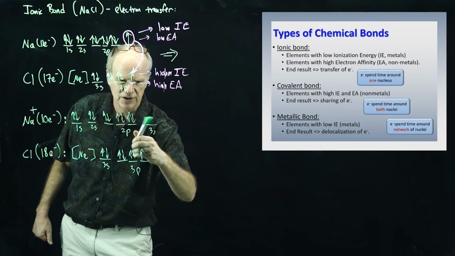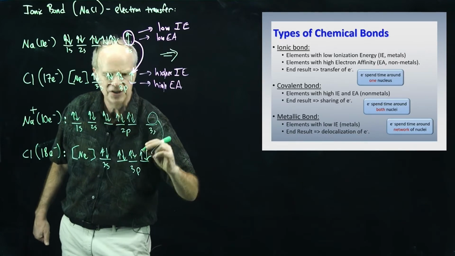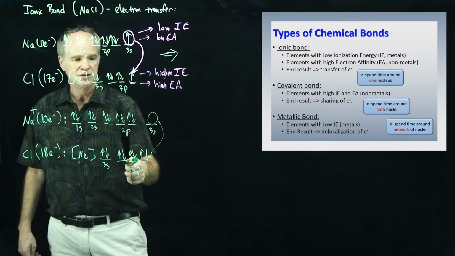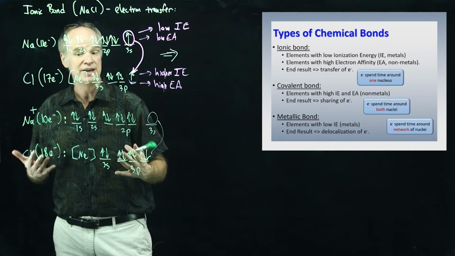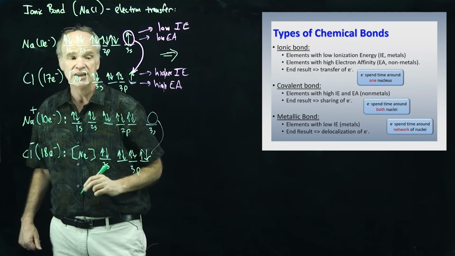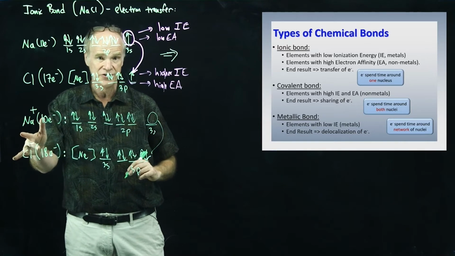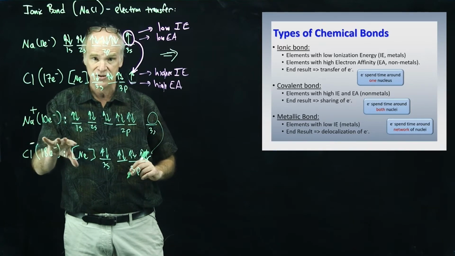I'll draw it green because sodium was green. This was here, and now it goes into chlorine's configuration. When chlorine gets this electron, it goes from 17 to 18 electrons, so it has an extra electron, giving it a negative charge. So these are the configurations of the atoms after the electron transfer occurs.